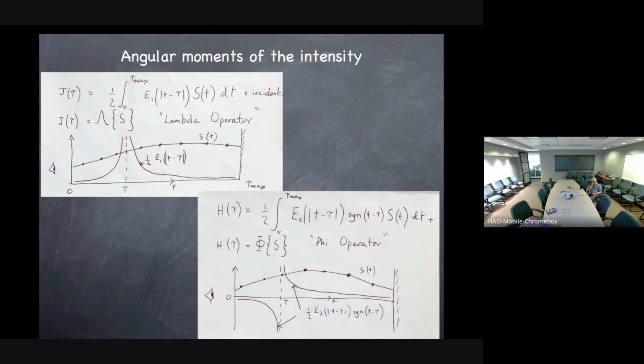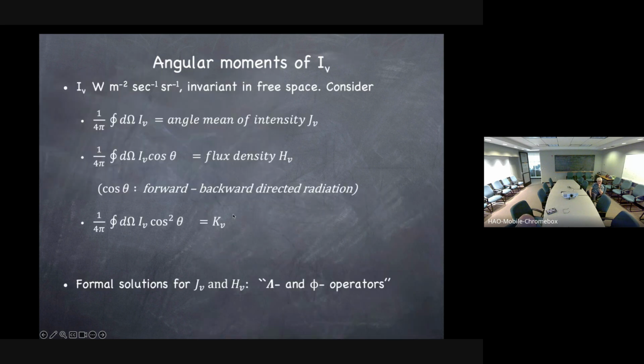There's another one called the phi operator, and we can write it in exactly the same way. So now, again, this is the cos theta weighted version. If you imagine looking down on the sun, cos theta is plus 1, and if we look horizontally, cos theta is 0, and if we look vertically, it's minus 1.